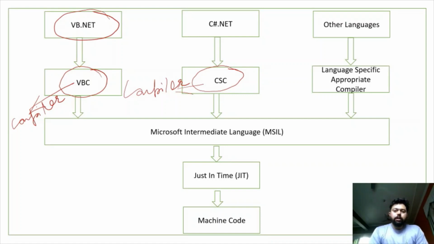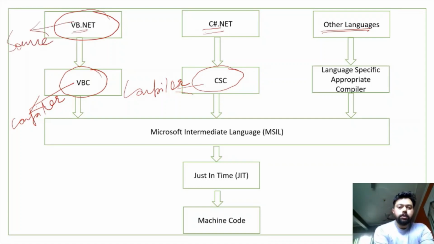What happened here? Each compiler knows two languages. One is the source language. Here, VB is a source language, C# is a source language, and other languages that support the .NET framework are source languages.